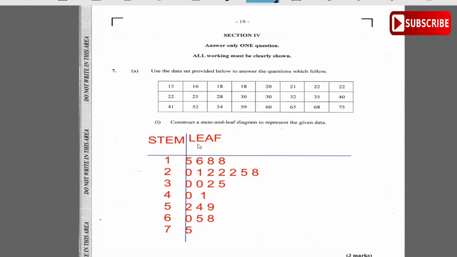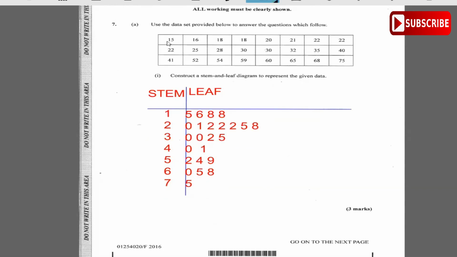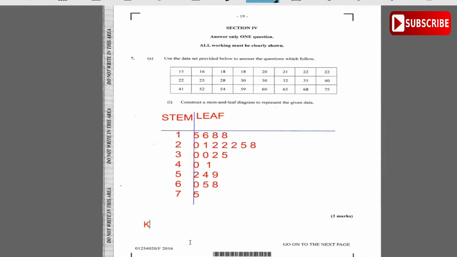Then you can just give them a key. Always give them a key. Tell them this represents 10. I don't even know what the data set is, so I just have to call it 10. 1, 0 represents 10.